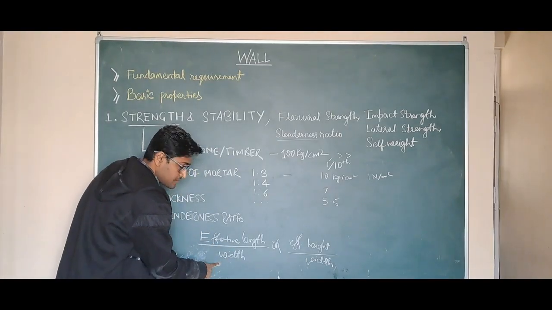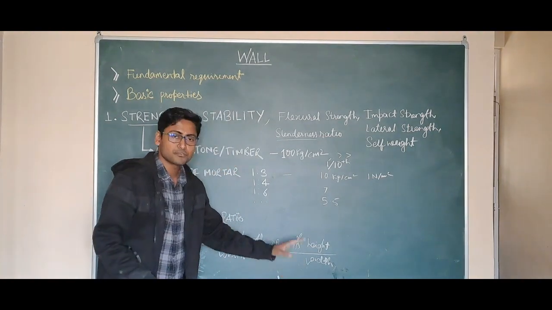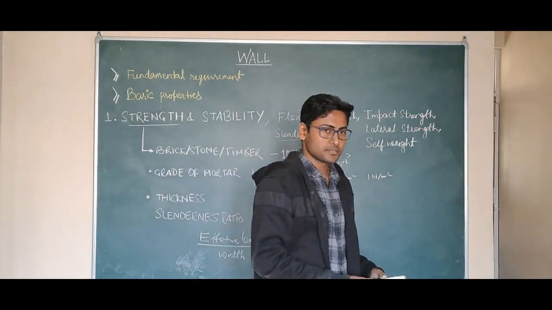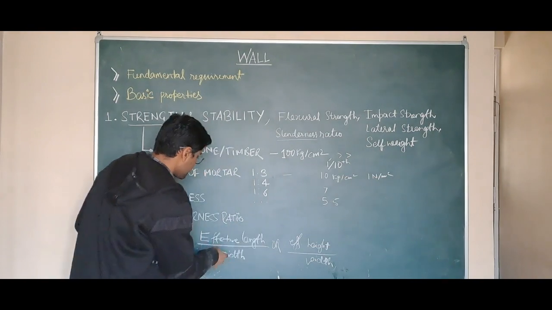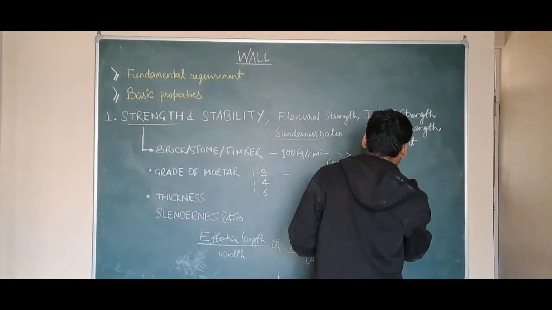Effective length by width of wall, or effective height by width, whichever is lesser, right? So let's forget this effective term. Suppose this is the plan.